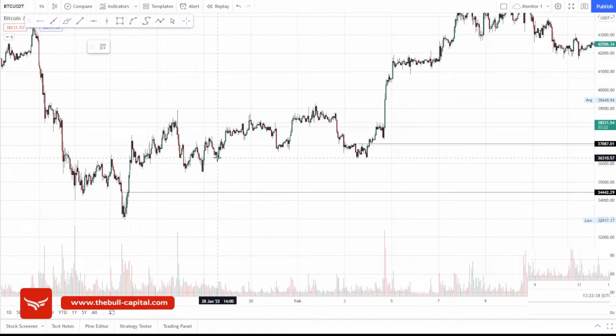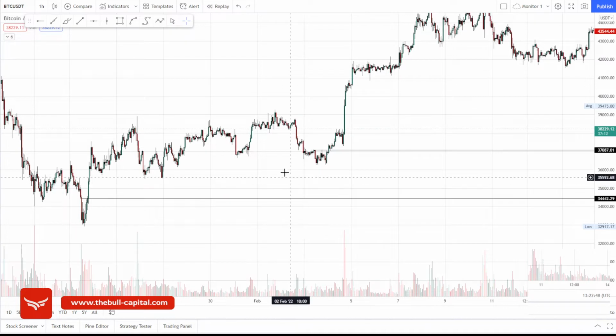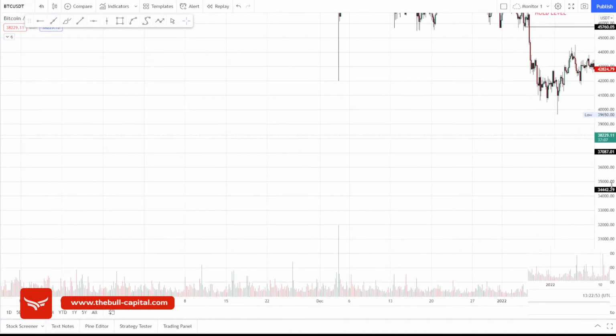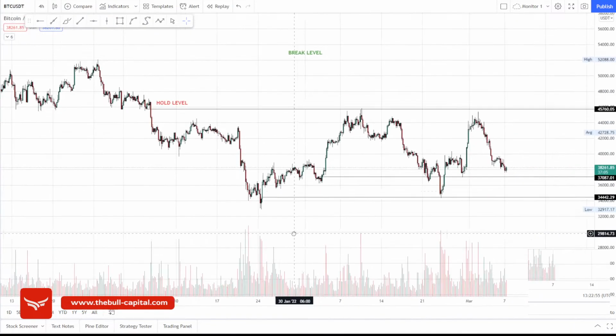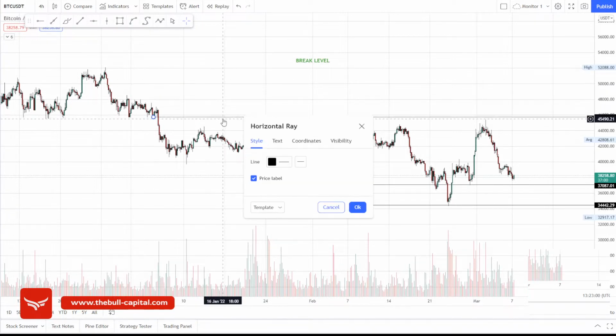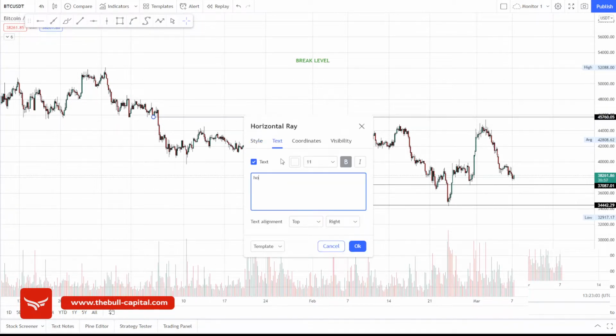We have another one on a lower time frame there, I think a 5 or 3 minutes level, but let's not worry about that. Let's go back to what we are doing. So now we have a hold level. Actually, let me name them. So this is the hold level. Let's make them uppercase.